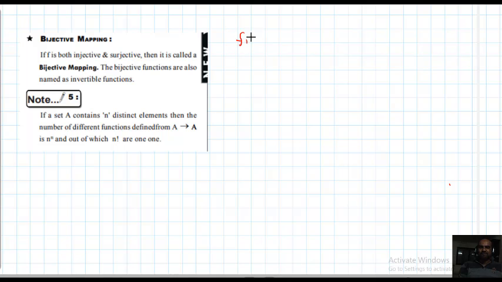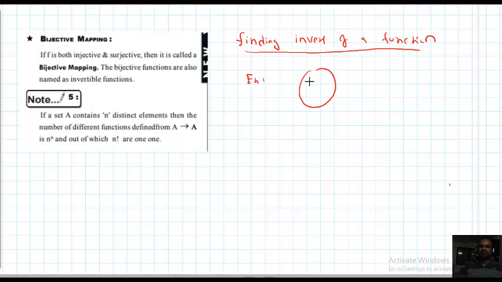Finding the inverse of a function. Okay, example 1. One, two, three, A, B, C, paired.